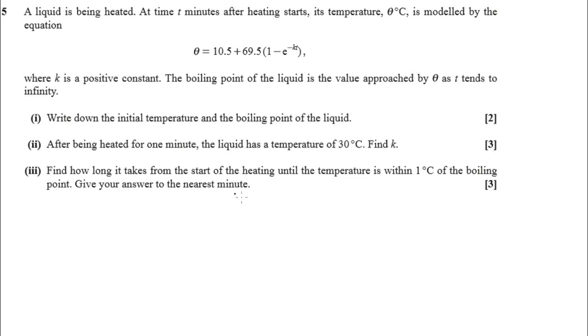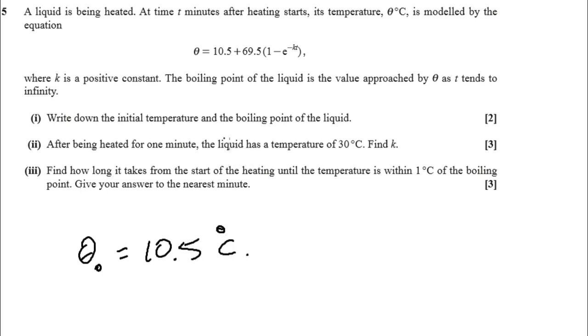So if t is 0, then it's essentially 1 take 1, which gives us 0, so the 69.5 term is not contributing anything, which means that theta naught, the initial temperature, is just 10.5 degrees Celsius.